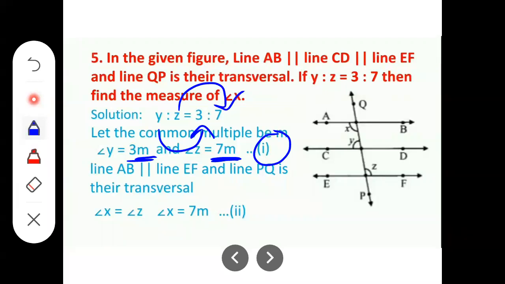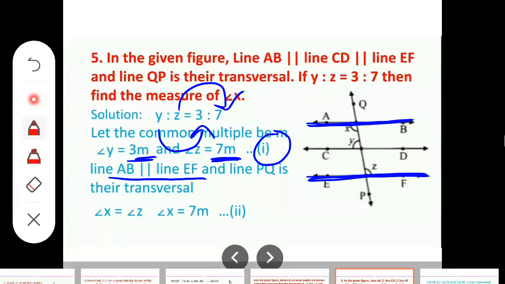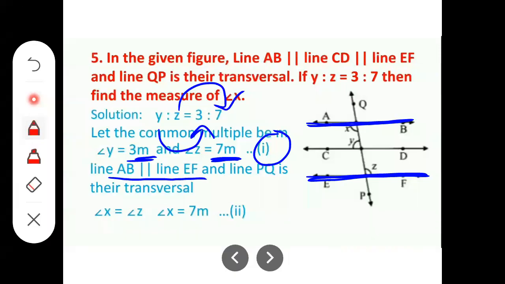Now as we know, line AB is parallel to EF. The angles, angle X and angle Z, those are alternate angles, right?